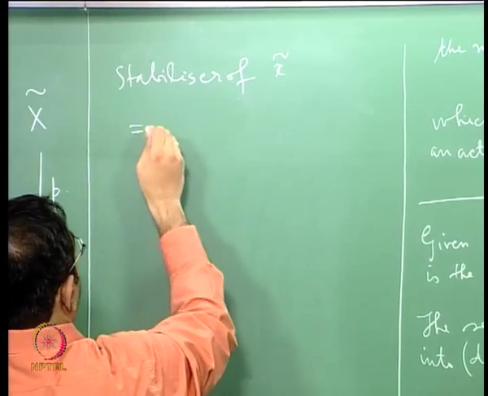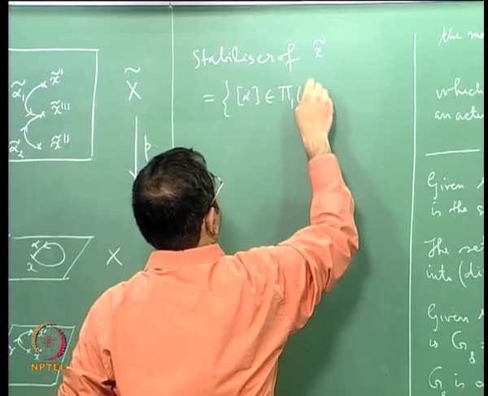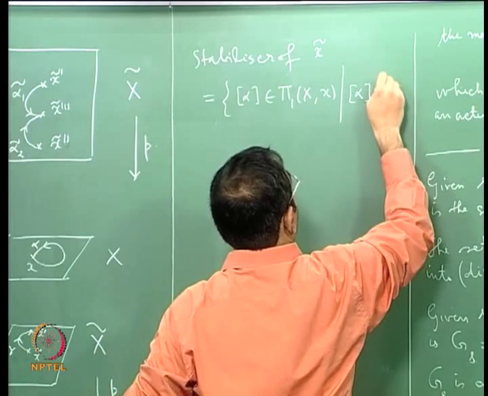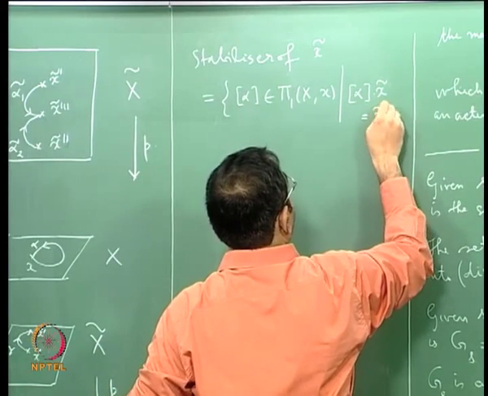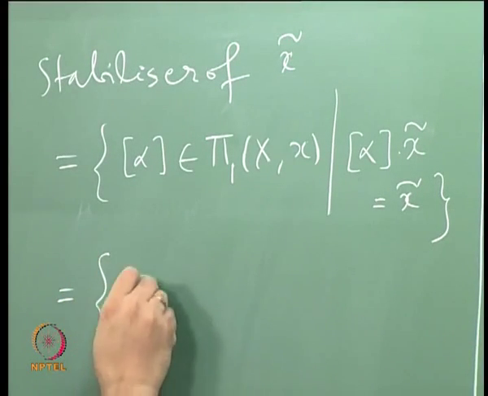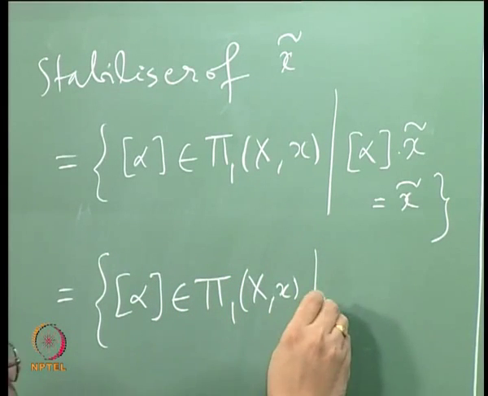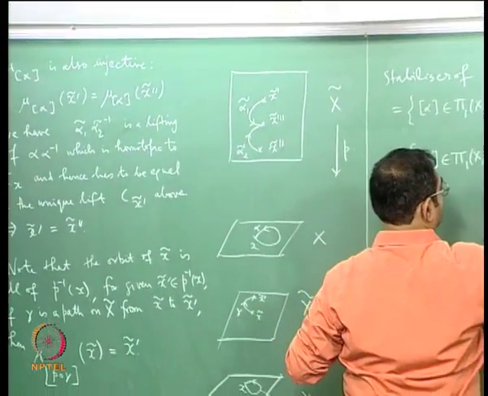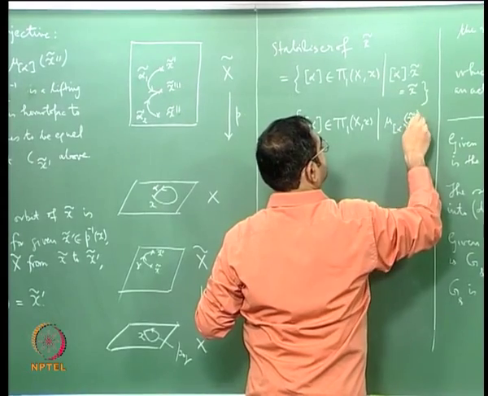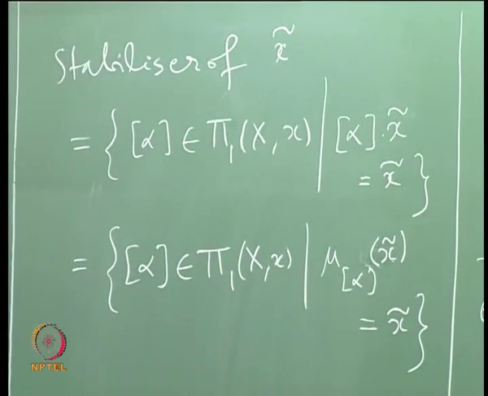It is all those alpha in the fundamental group such that alpha acting on x tilde is equal to x tilde, okay, which is the set of all elements alpha in the fundamental group below, such that mu sub alpha of x tilde is equal to x tilde, okay. Now try to understand what this means.